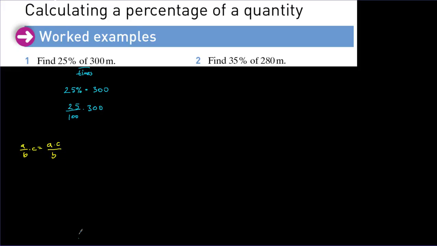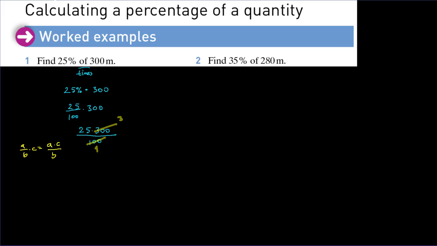With respect to the same rule, this is going to be 25 times 300 divided by 100. And as usual, I'm going to simplify the things here, like this one and this one. When you divide by 100, this will leave 1, this will leave 3.